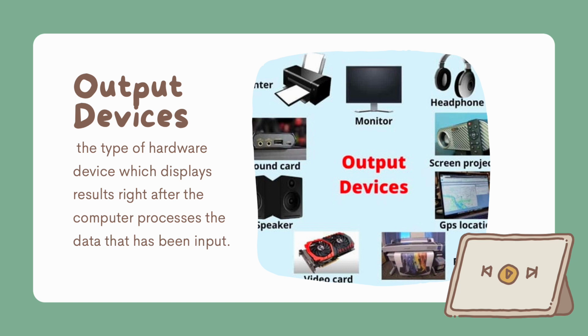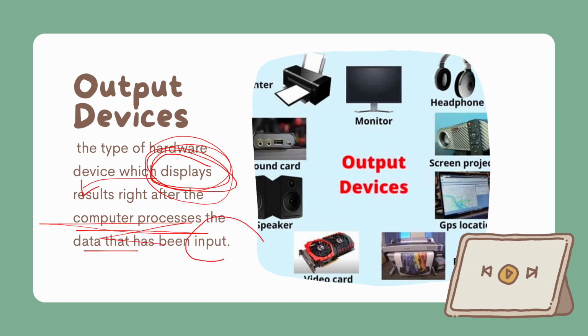So, let's highlight the keywords: hardware devices which display results right after the computer processes the data that has been input. Meaning to say, when I type something, the output device will show the result.